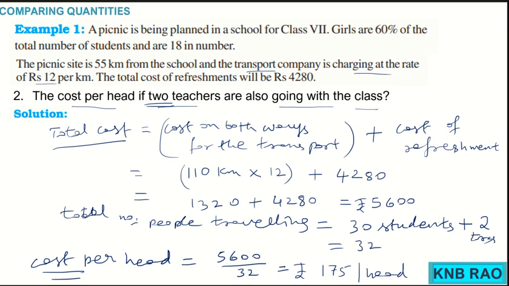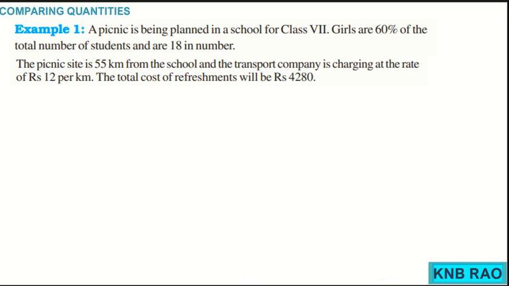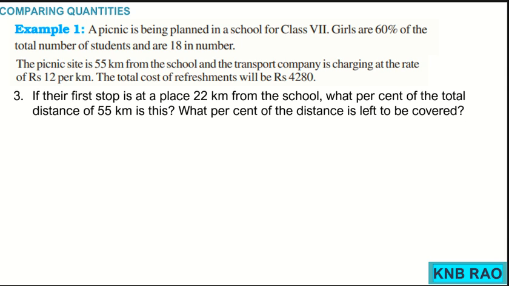Now coming to the third part of the question. The third part is: if their first stop is at a place 22 kilometers from the school, what percent of the total distance of 55 kilometers is this?